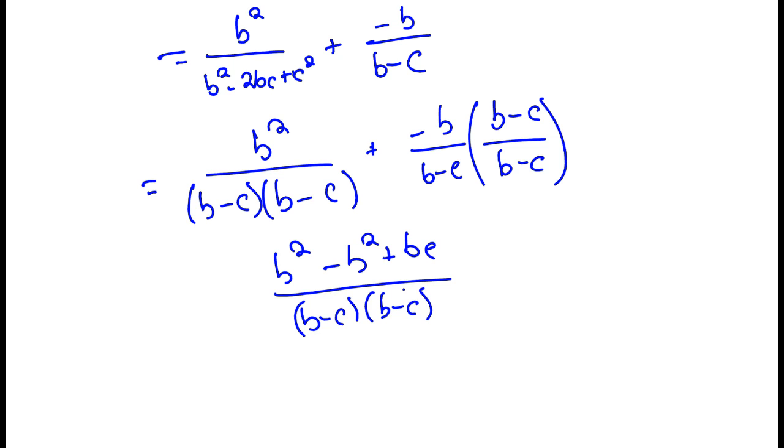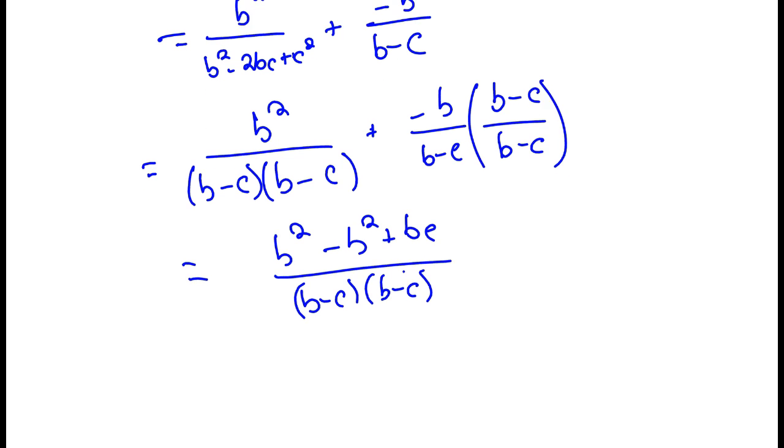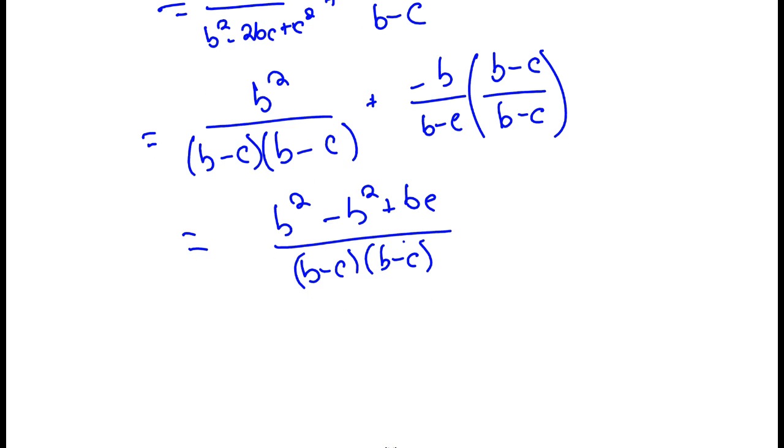Again, these are all equivalent. Now, b squared minus b squared is 0, so this gives me bc over b minus c times b minus c.